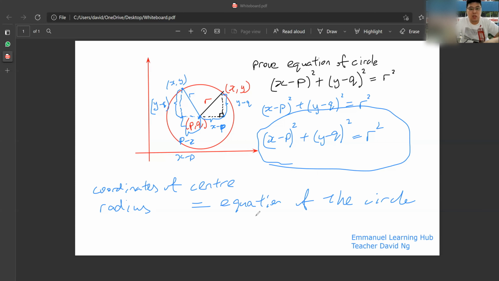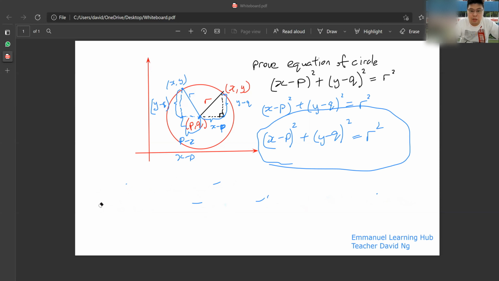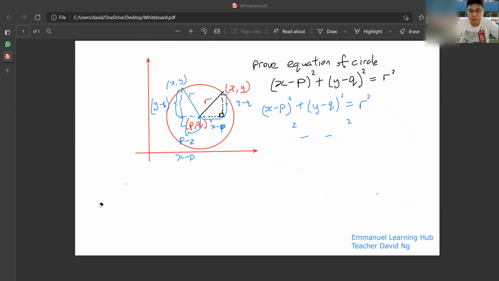No, if you have the radius and the coordinates of the center, that will give you the equation of the circle already. That means you need to have the length of the radius. Okay? Clear? Then that's how you get the equation of a circle using Pythagoras theorem.